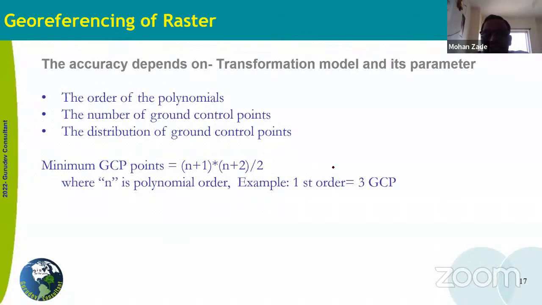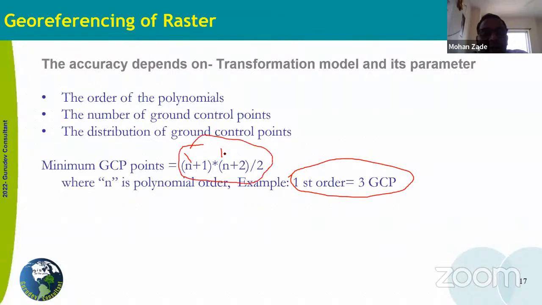You must have at least 3 GCPs to do the first order. There are two variables, N1 and N2, and this is the formula for how many GCPs are required. If you require only first order, you need only 3. If you have a second order, you will need more than 5. Likewise, it keeps changing.